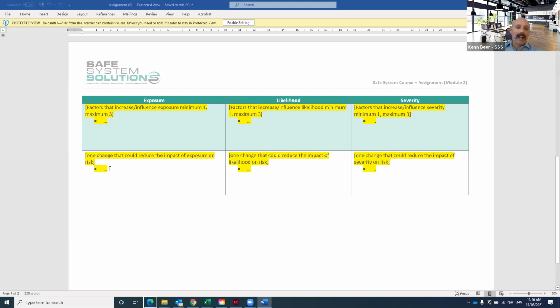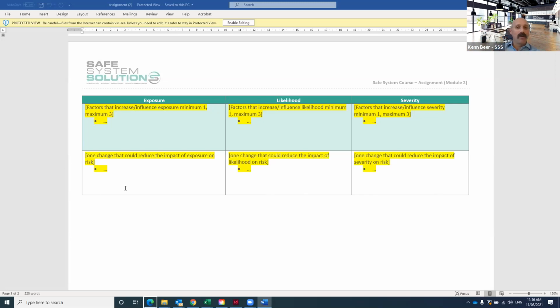In the white one underneath it, we just want one thing that you could alter in that intersection that would specifically influence that column. So change the exposure: how would you change the number of people going through that intersection exposed to the crashes?